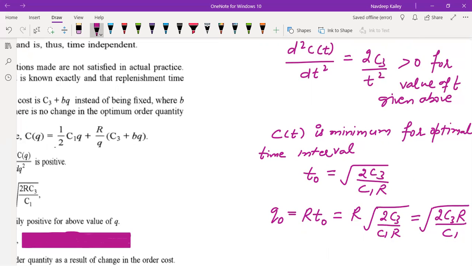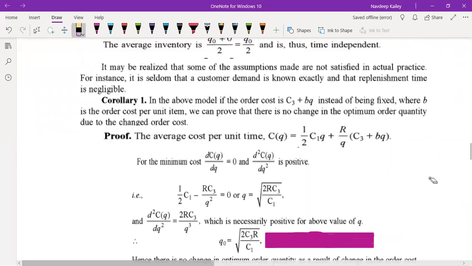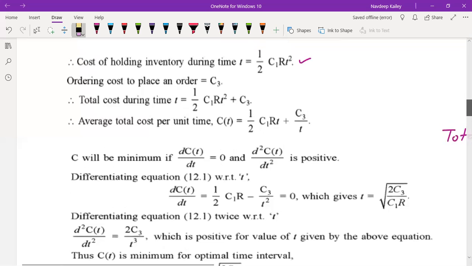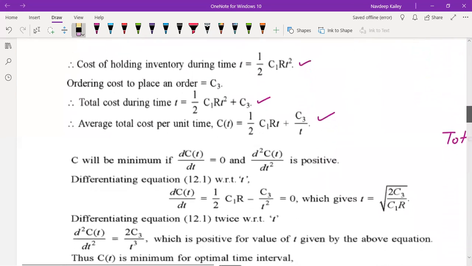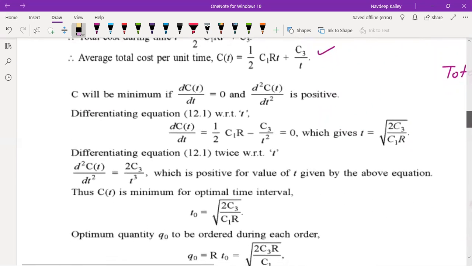Also, this derivation I provided here, we already discussed: the total cost during time t is half C1 RT square plus C3. Then the average total cost per unit time is half C1 RT plus C3 by T. C will be minimum if the first derivative is 0 and the second derivative is positive.